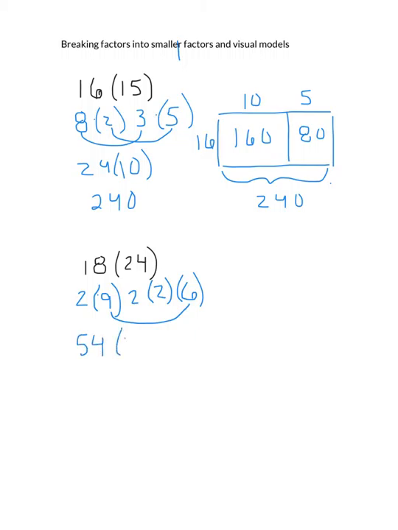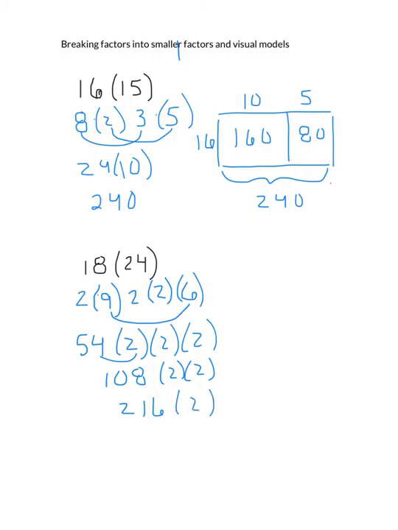And then I have, think about it, 2s. Well, 54 2s is 108, so I did that. 108 2s is what? So let's think about that for a second. 108 2s, if we think about what we have left, is that not 216? So that's done, and then we have another 2 left. 216 2s is 432. Now, is that the only way to do it? No, that is not the only way to do it.